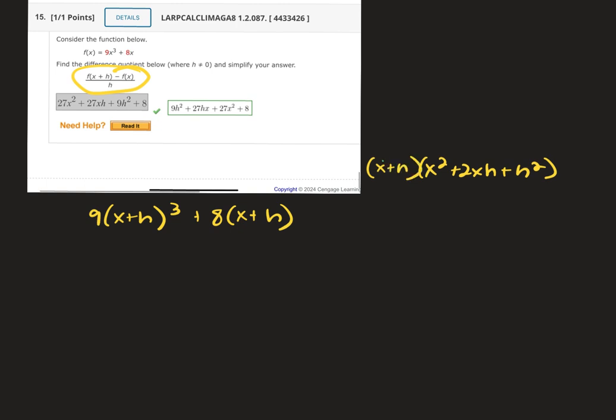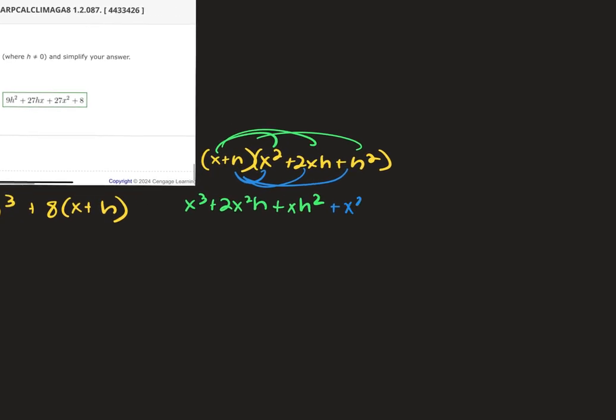And then we're going to distribute. So the x goes to all three. I get x to the third plus 2x squared h plus xh squared. Then I do the h to all three, and I get plus x squared h plus 2xh squared plus h to the third. And this time you have terms to combine.